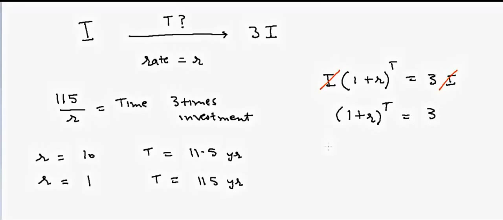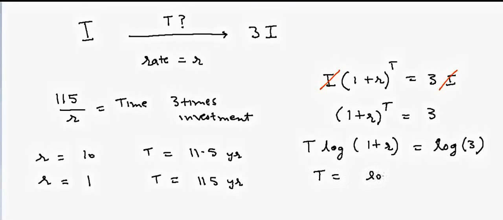If we solve this equation, we can take log on both sides. So t times log of 1 plus r is equal to log of 3. So t is equal to log of 3 divided by log of 1 plus r. Let's try to solve this equation in Excel.